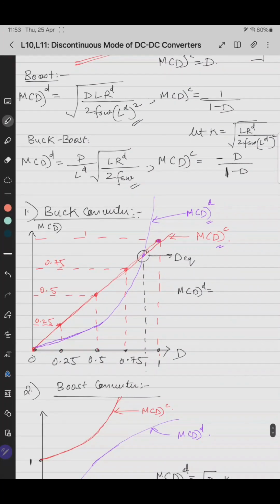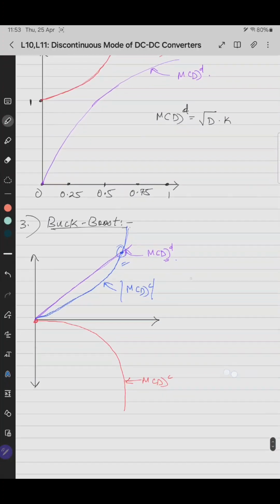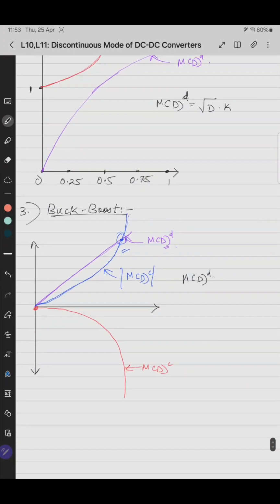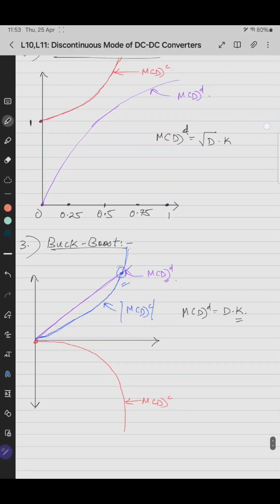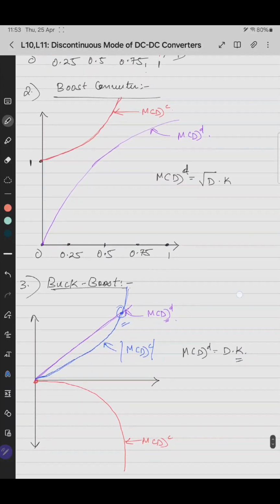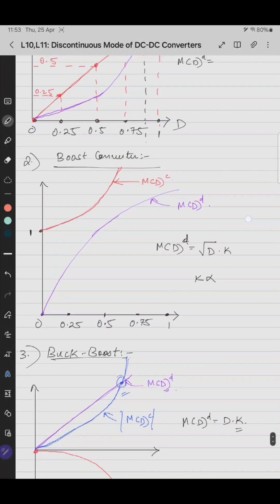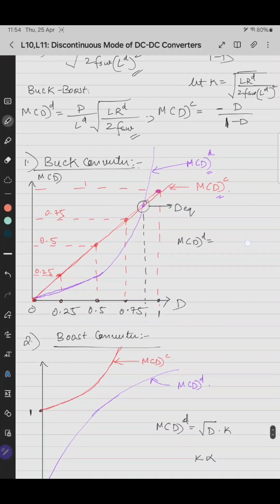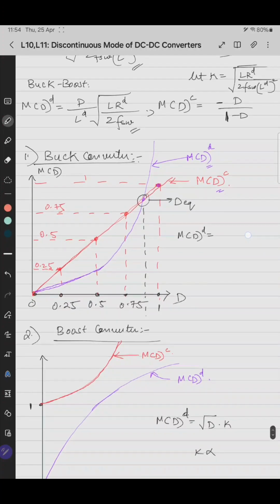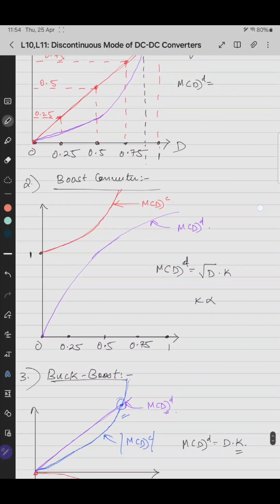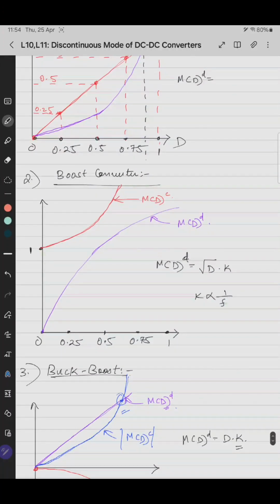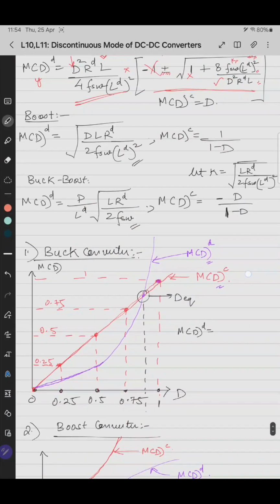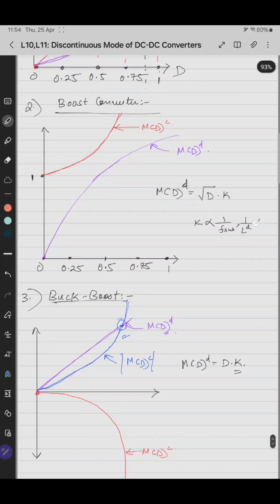And K is inversely proportional to the switching frequency, inversely proportional to the inductance, and directly proportional to the load resistance.